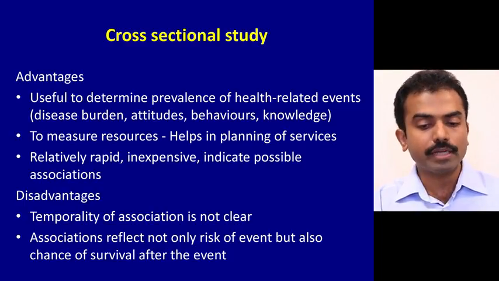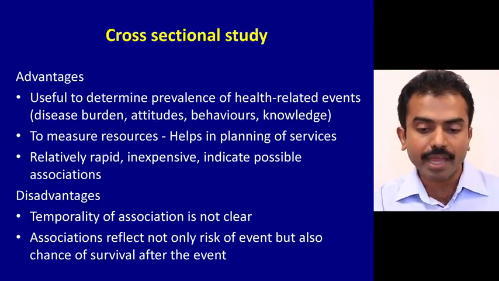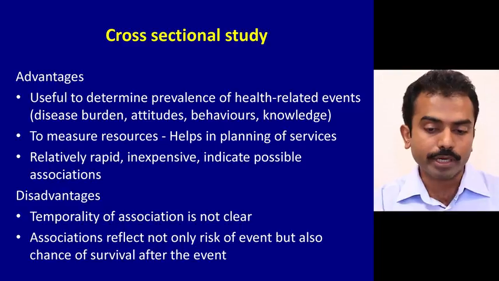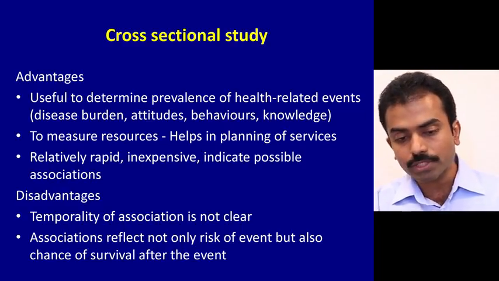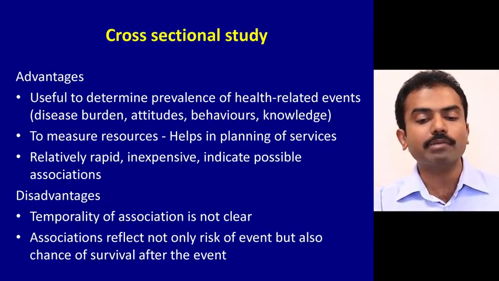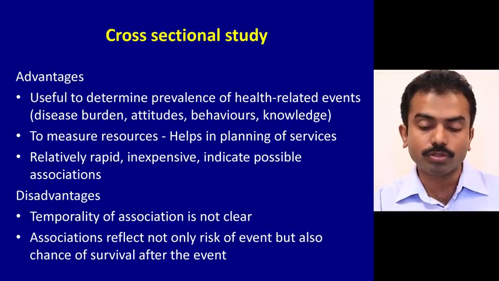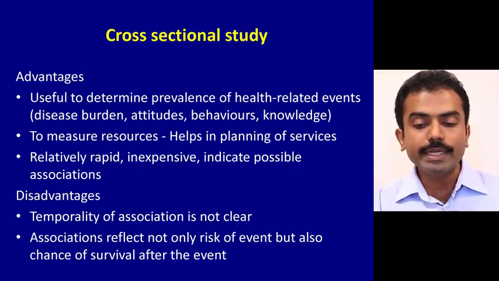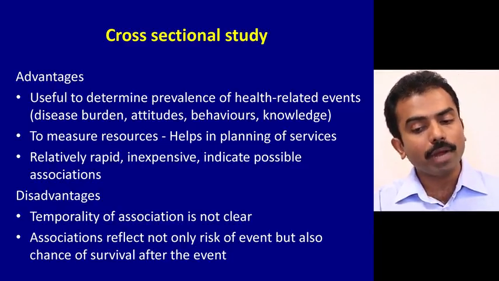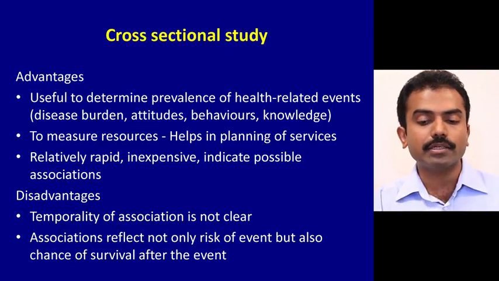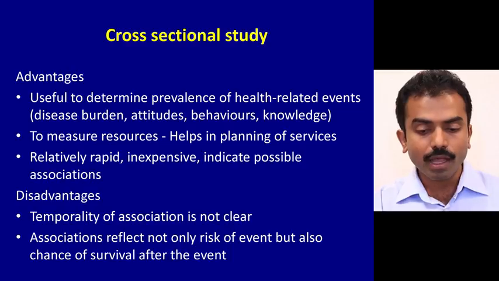And it's usually relatively rapid and inexpensive because it's one point in time, there are no follow-ups, and it does indicate possible associations, although you will not get it fully teased out in the first pass, but it provides indicators. Maybe this is something that we need to study further. I think I've already said about the disadvantages.